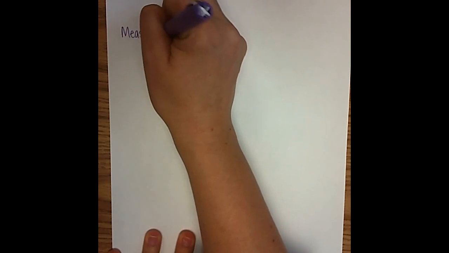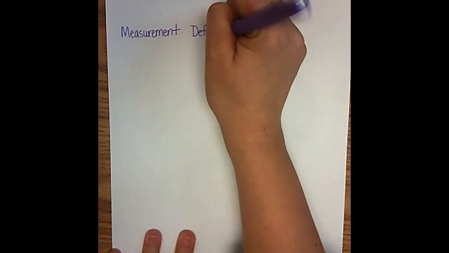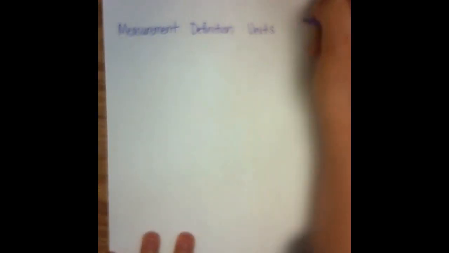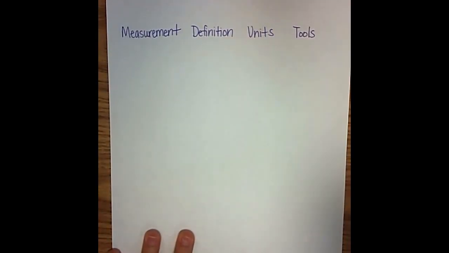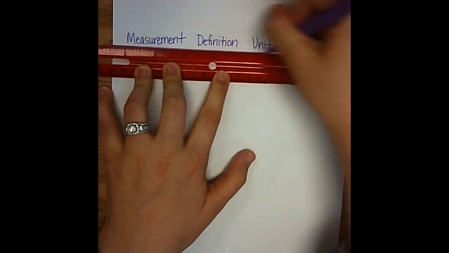I'm going to look at measurement. We're going to have a definition, units, and tools. Since I'm going to make a chart, I'm going to try to make this nice and neat for you. So I will try to draw straight lines.